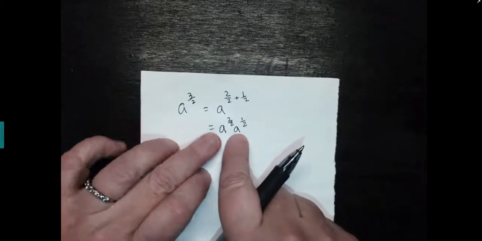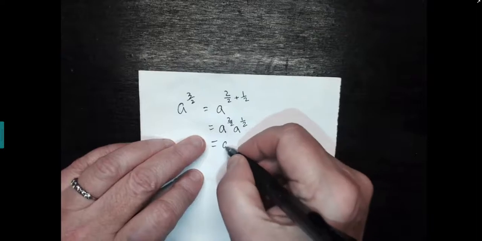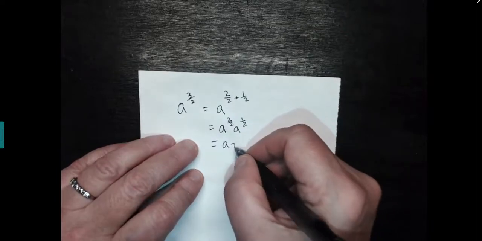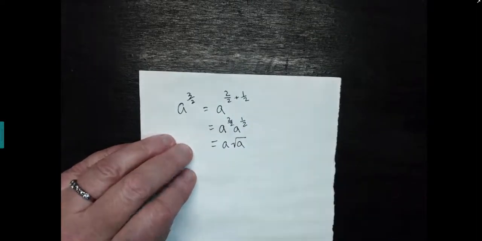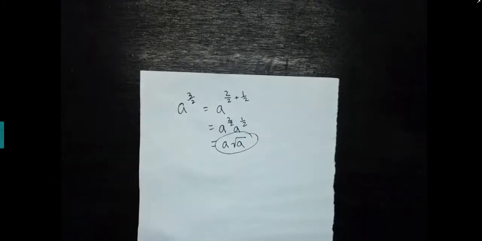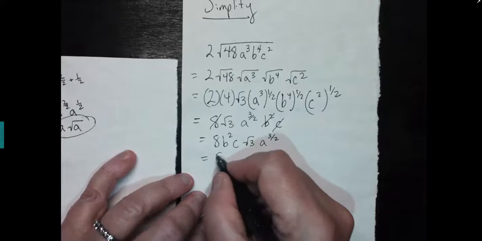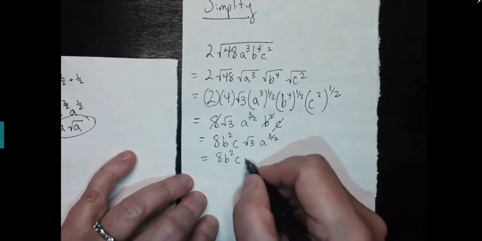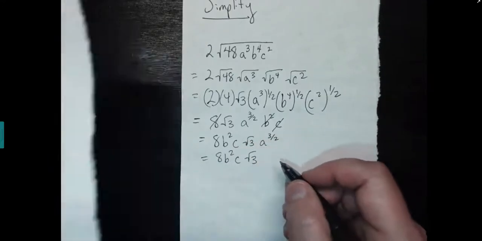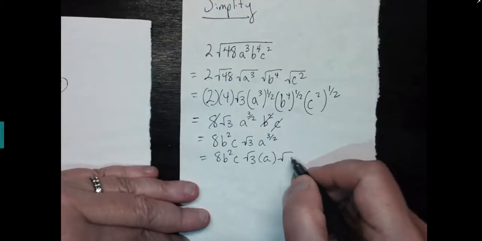If I multiply those together, I get that. And A to the 2/2 is just A to the 1st power. So A to the 3/2 is the same thing as that. So I'm going to go back in here and I'm going to replace A to the 3/2 with A times the square root of A.